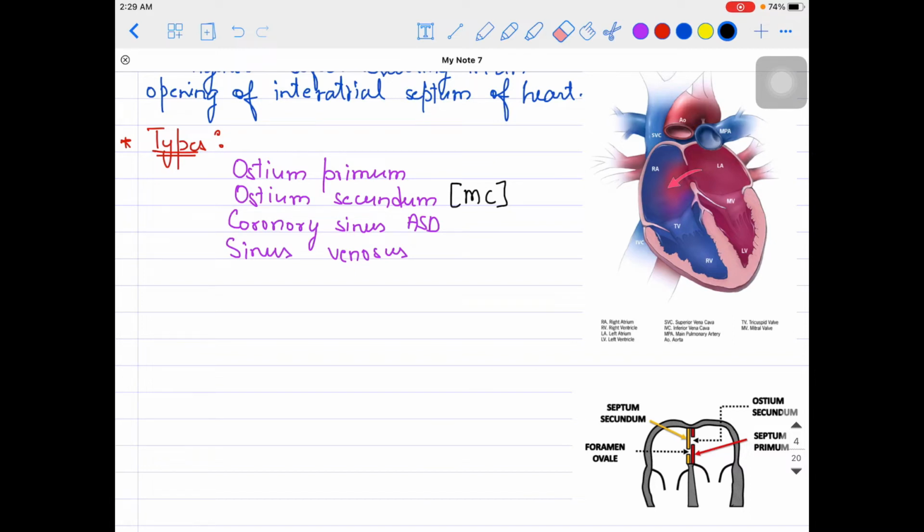This is happening normally. But let me tell you over here, in the ASD patient, during the expiration, that closing time difference is persisting over there, right? So the left atrium will be receiving more blood and it will be shunted towards the right atrium. From the right atrium, it will be shunted towards the right ventricle. From the right ventricle, it will be shunted towards the pulmonary artery.